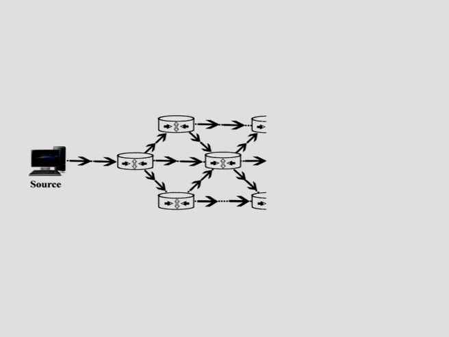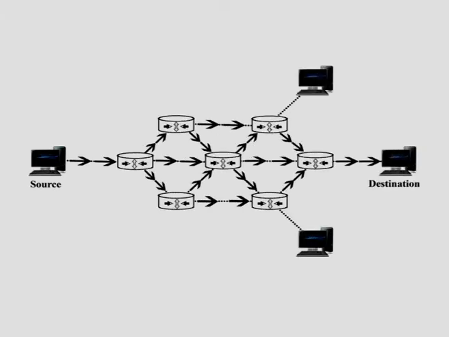Flooding is another static algorithm. In this algorithm, every incoming packet is sent out on every outgoing line except the one it arrived on. Flooding generates an infinite number of duplicate packets unless some measures are taken to damp the process. One such measure is to have a hop counter in the header of each packet.